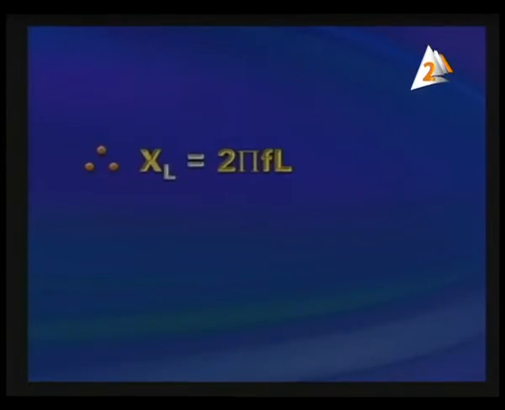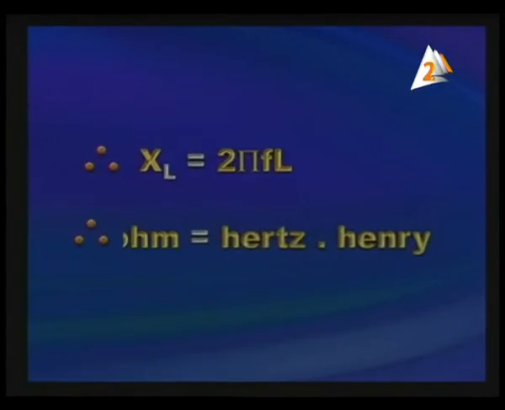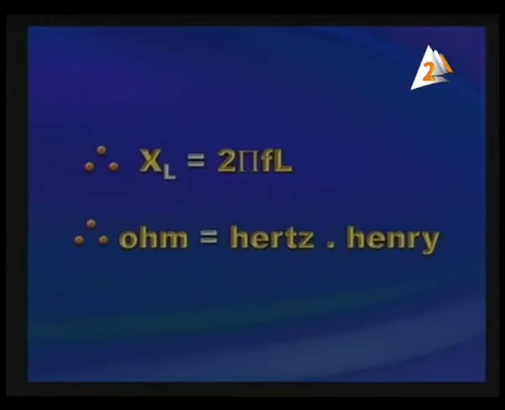So XL is equal to 2 pi FL. F is the frequency. And what about the unit? Any opposition, any resistance is measured in ohm, and frequency is measured in hertz, and L inductance in Henry. So ohm is equal to hertz times Henry.